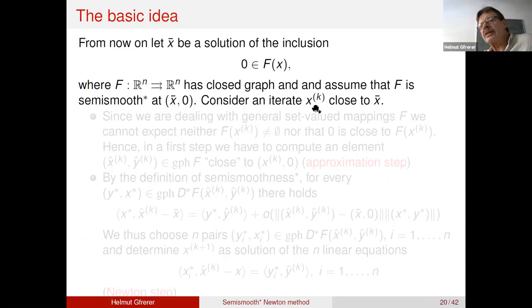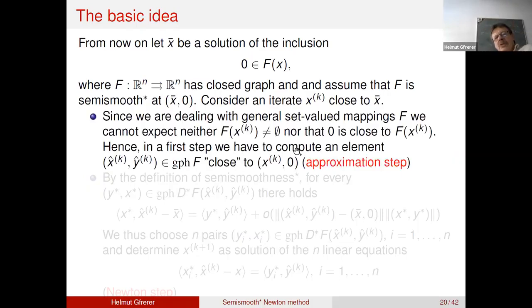Let us consider some iterate xk which is close to x bar. Now we have to consider the case that we are dealing with set-valued mappings. It does not mean that F of xk is not empty. Well, it could easily be that F of xk is empty. Or we also cannot assume that 0 is close to F of xk.